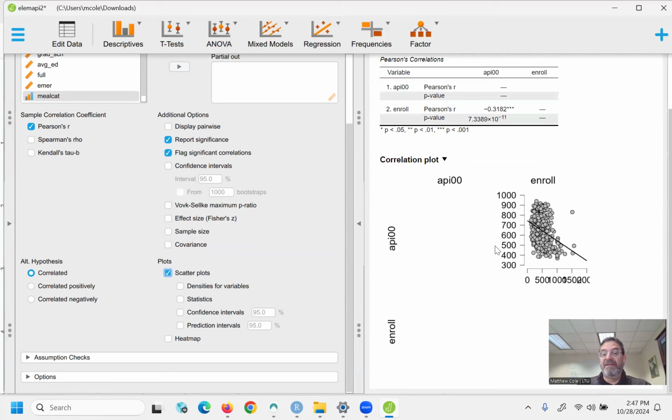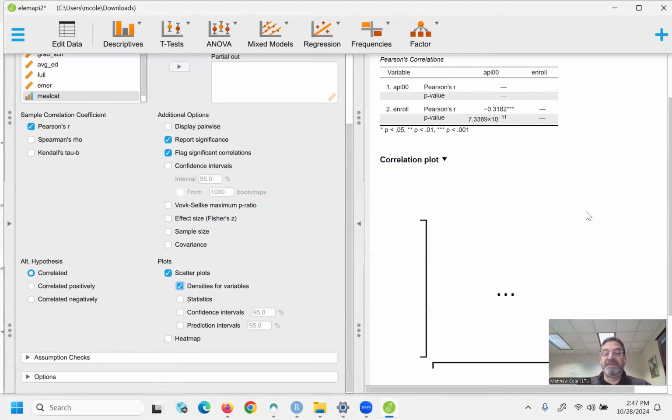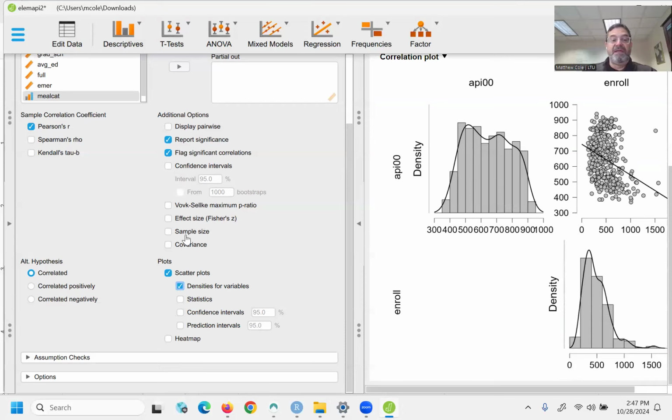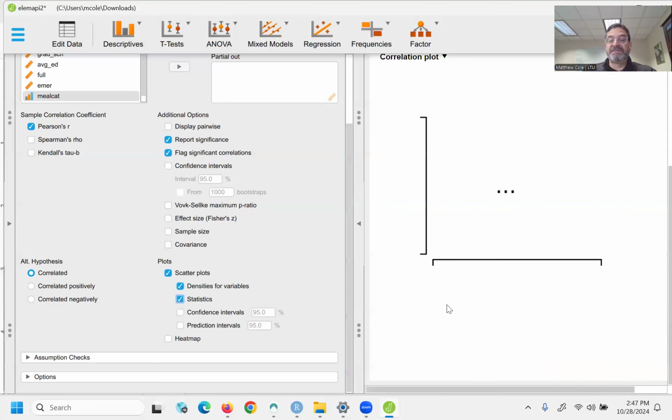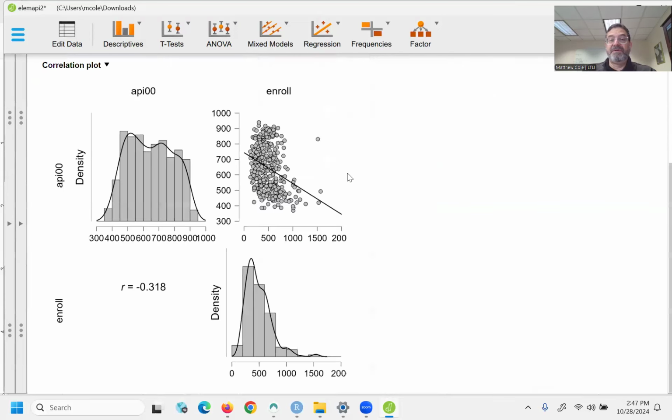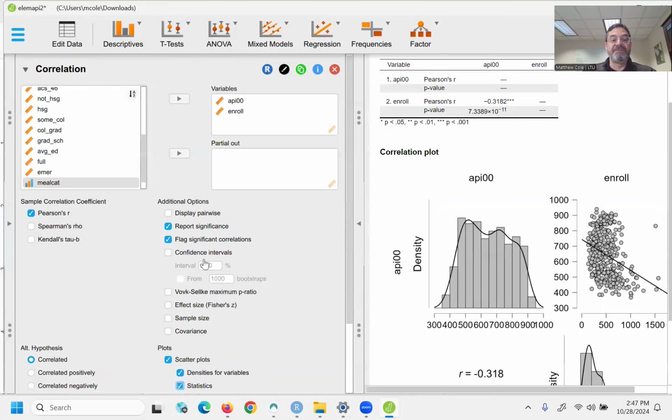We have enroll on the x-axis, and it put API on the y-axis. And we could add in our densities so that we can see the distribution of those scores. And then we can also add statistics, so it will put into this figure the R. So this is a pretty cool, nice figure, and we have our correlation.